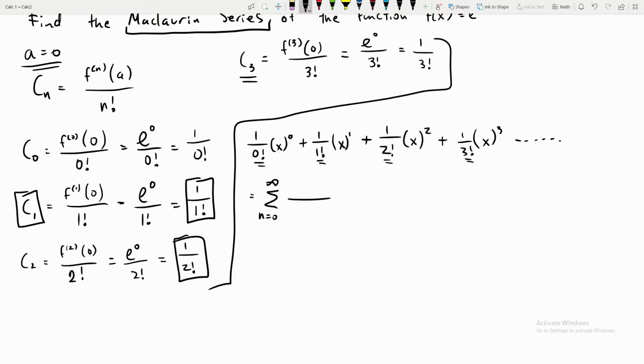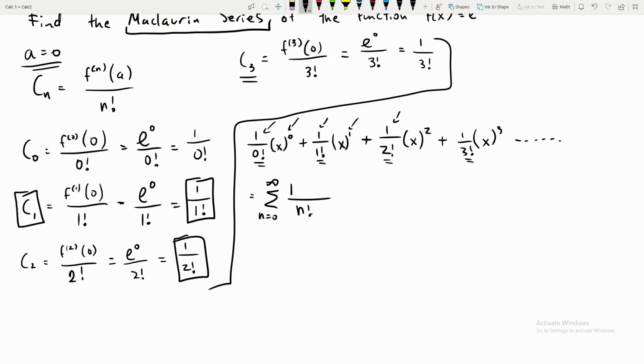Again, these power series, these Maclaurin and Taylor series, all start from n equal to 0. So in this case, all that's in the denominator is just n factorial. And then in the numerator, we can always see a 1 right here. I'm not even going to write it, but you can put a 1. And then what else do we see in the numerator?